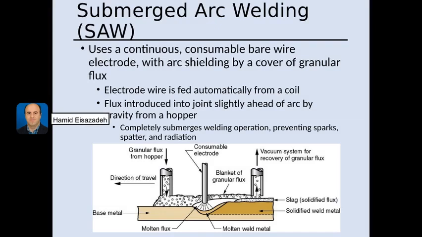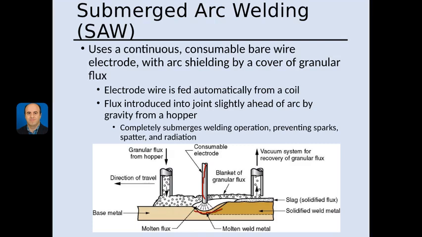Here we have the submerged arc welding process. Similar to other arc welding processes, we have an electric arc that is going to be formed between the electrode and the workpiece.